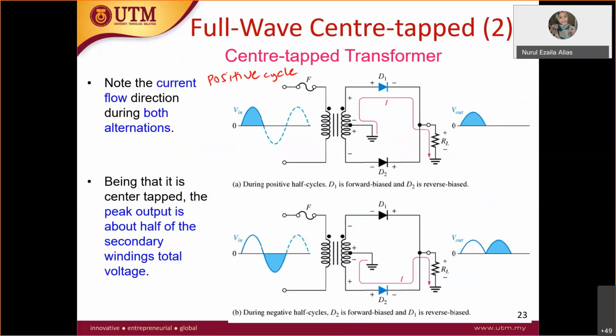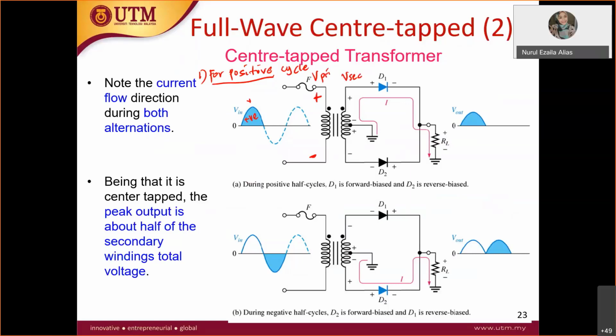So this is number 1 for the positive cycle. Since your input is plus, there is plus on top and negative on the bottom. This is your V primary. We assume that this has the same ratio; later in the example we might see a different ratio.